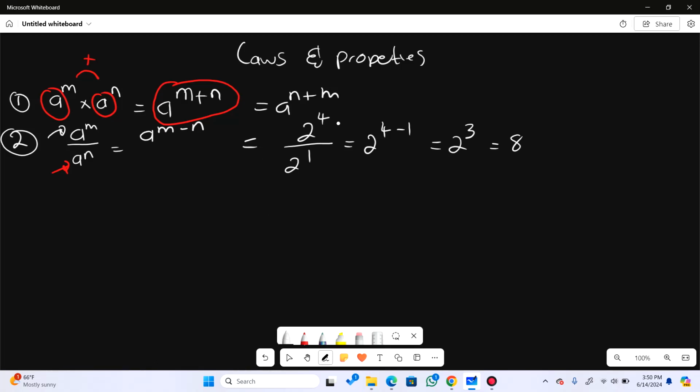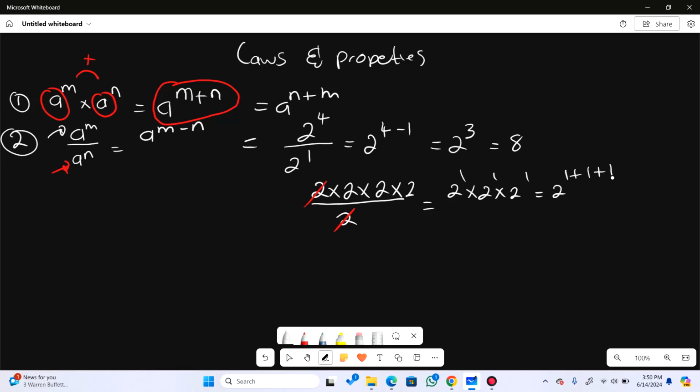Okay, so let's do this the normal way. You basically have 2 times 2 times 2 times 2, all divided by 2, and because there's only one 2 here and there are four 2's, I can remove one, hence I'll have 2 times 2 times 2, which is the same as 2^(1+1+1), which is 2 cubed. 2 cubed is equal to 8, which is the same as what we got there on top.